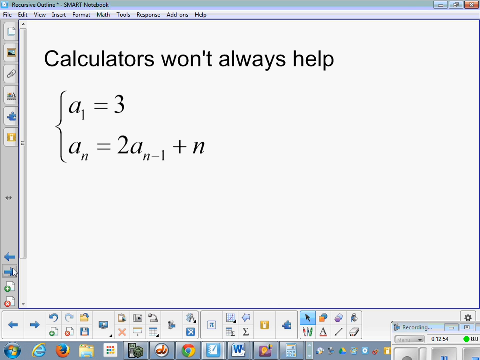All right, here's another one where the calculator won't help. This time we have 3. It's a nice place to start. And let's take a look at what my pattern says here. In order to find the nth term, okay, in order to find this term, I'm looking for 2 times the previous term plus n.